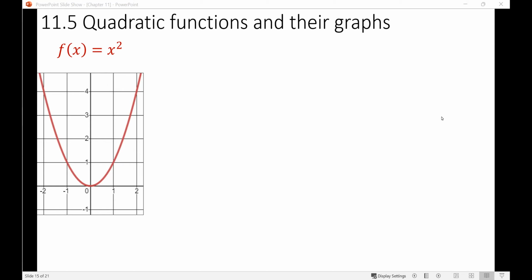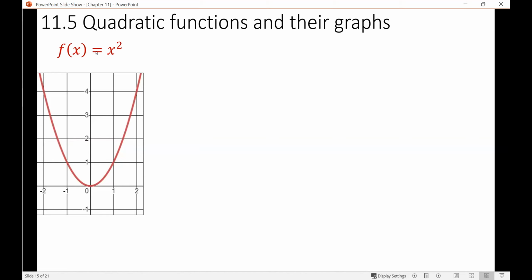When x is a positive value or a negative value, our function takes on a positive value, because when you square something, the end result is always positive. So our graph becomes this mirror image over the y-axis.